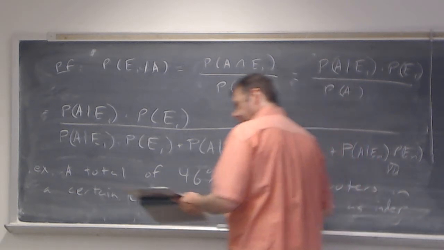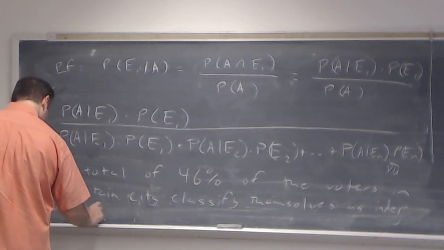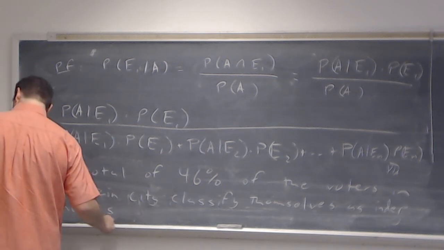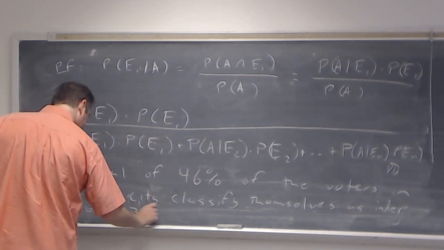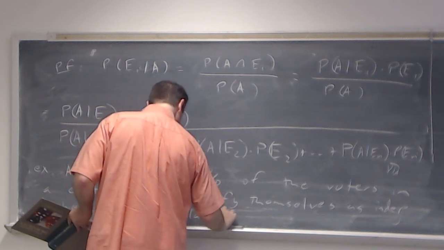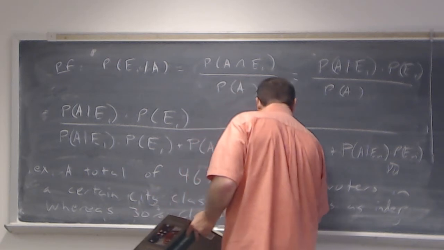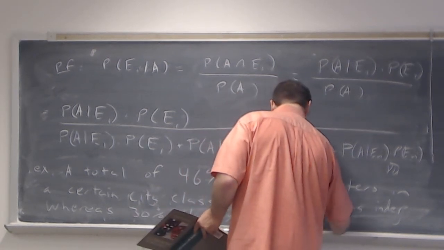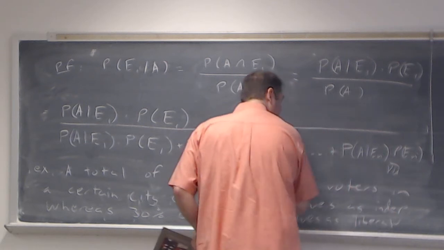Those are the independents. Whereas 30% classify themselves as liberal. Okay.